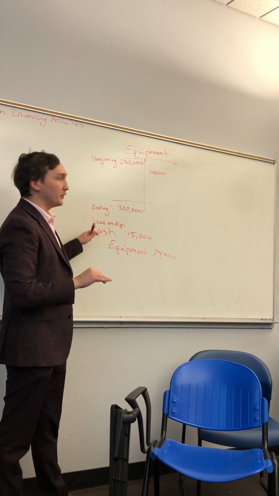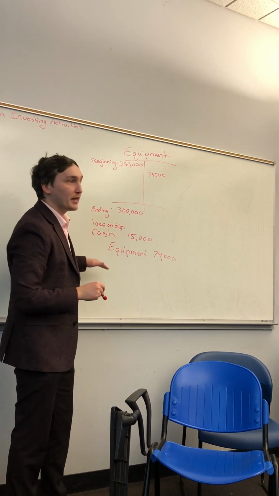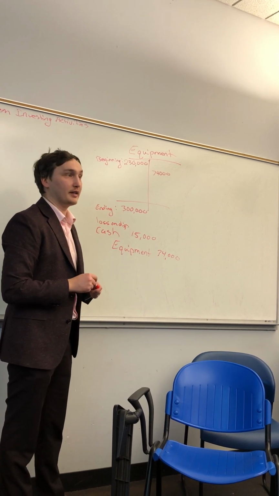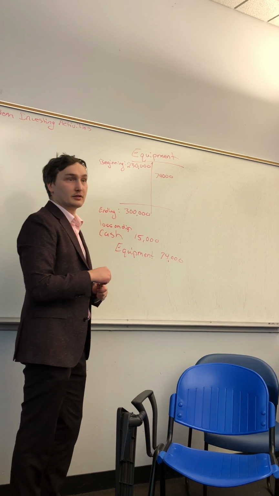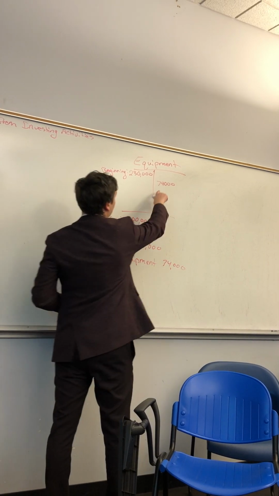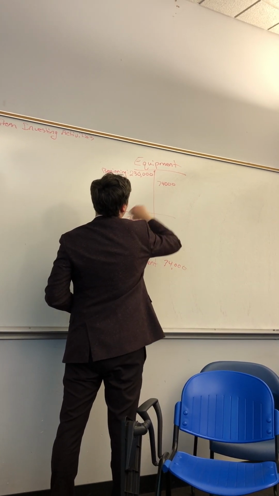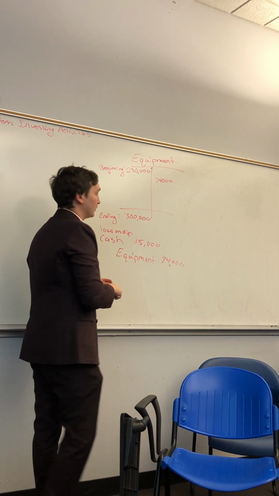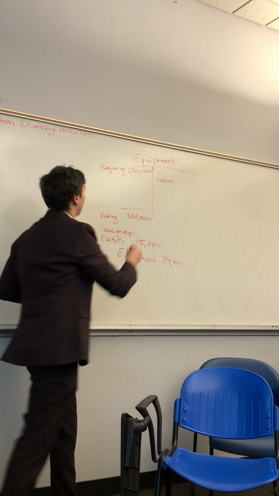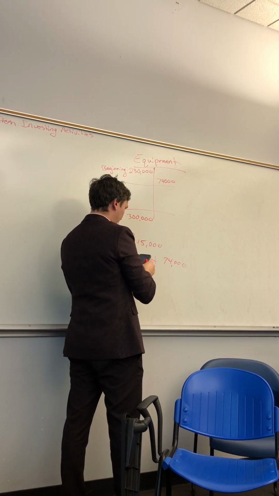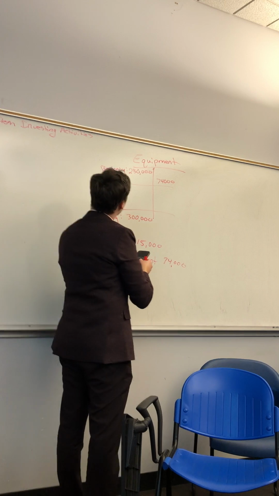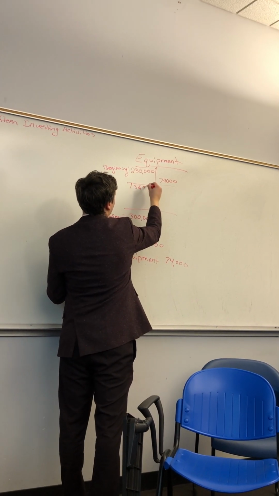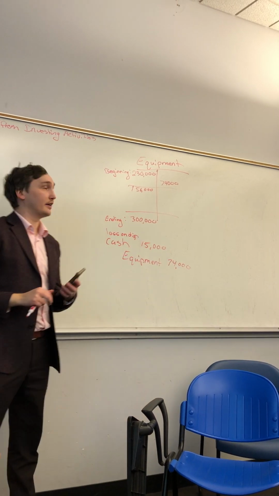It gets a little more confusing because there's depreciation, so not the best journal entry for it, but we're reducing our equipment by 74,000. So when we reduce equipment by 74,000, we can say 230,000 minus 74,000 equals 156,000.